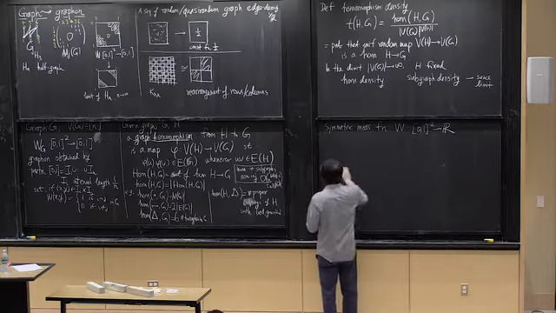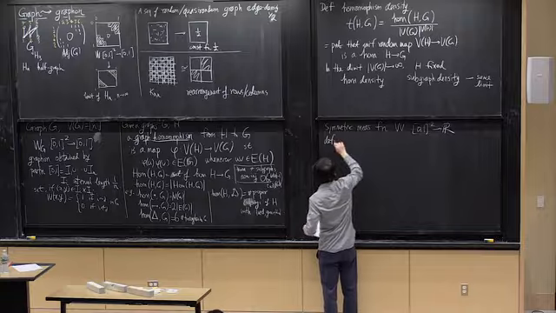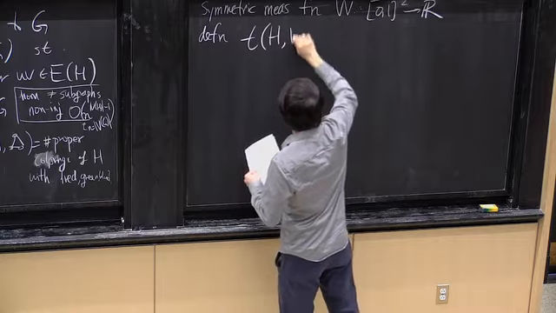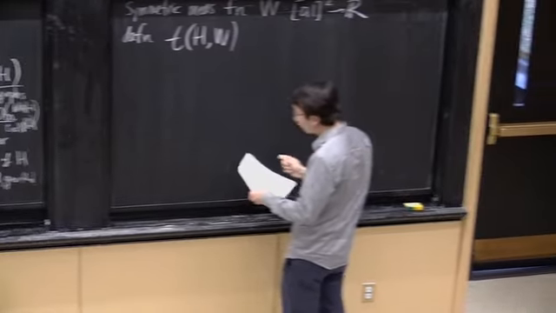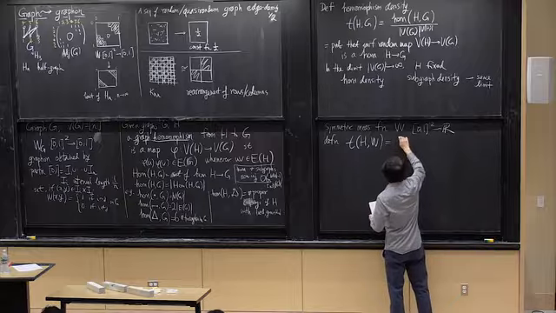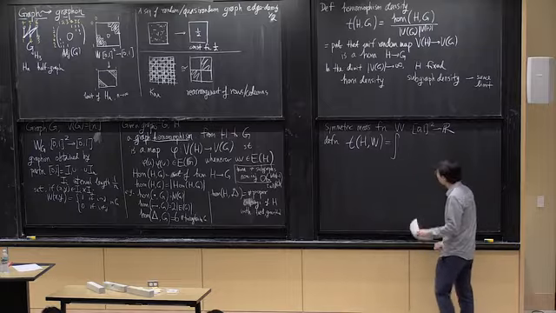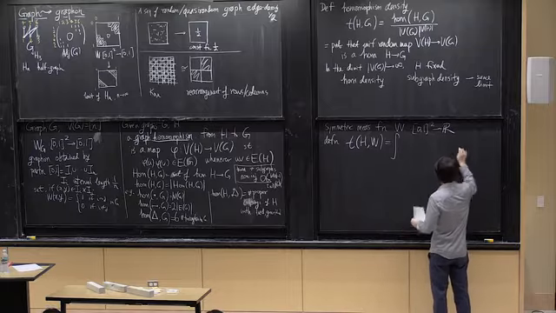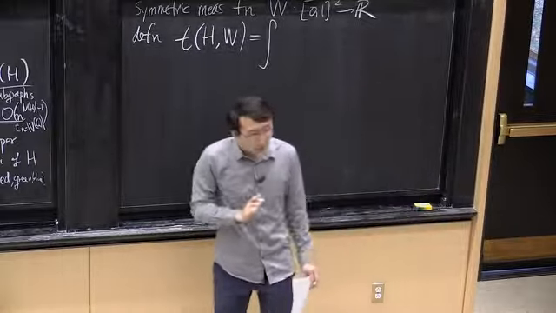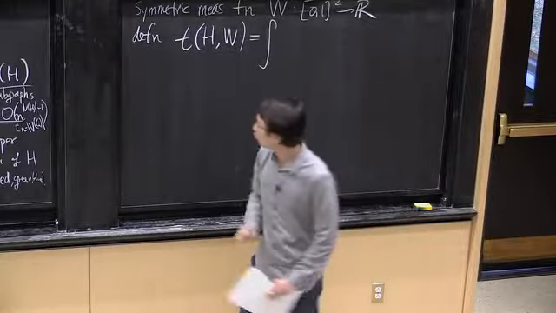Starting with such a function, I define the graph homomorphism density from a fixed graph H to this graph function, or a kernel more generally, to be the following integral. Before writing down the full form, let me first give you an example. I think it will be more helpful.